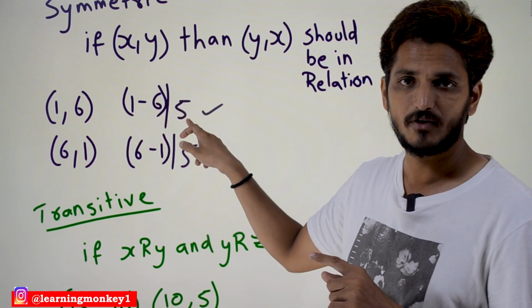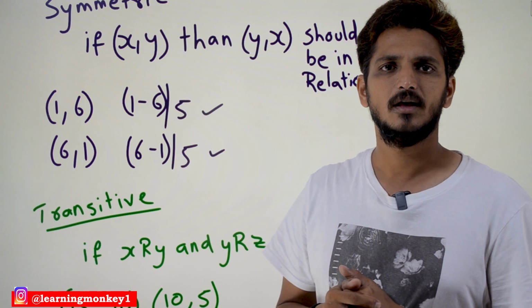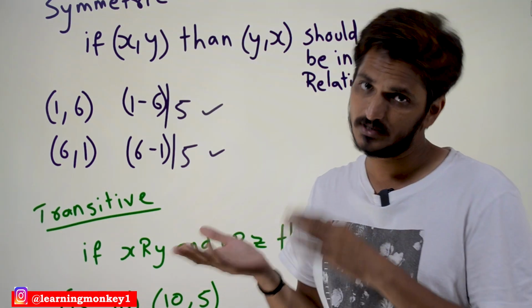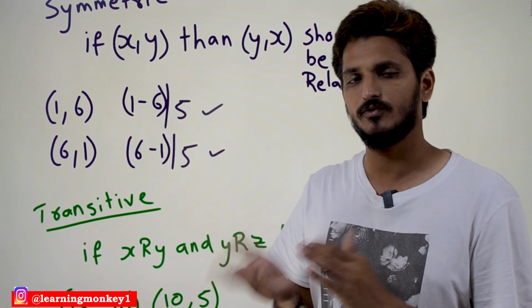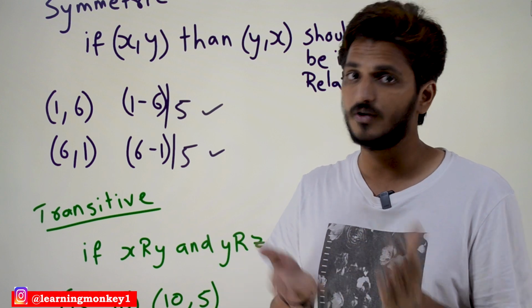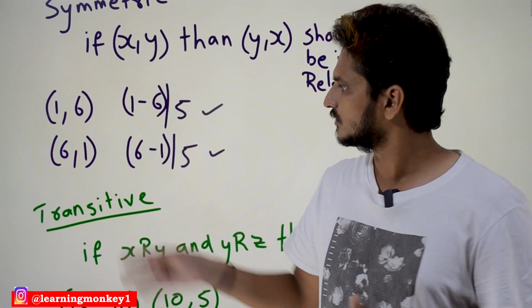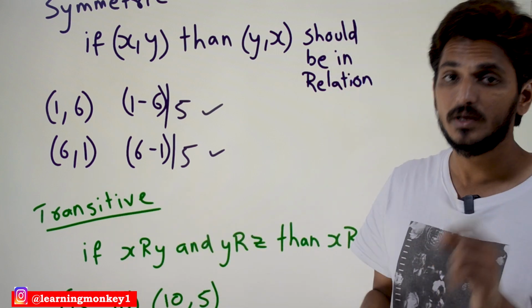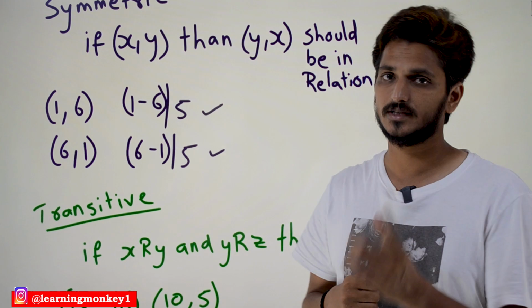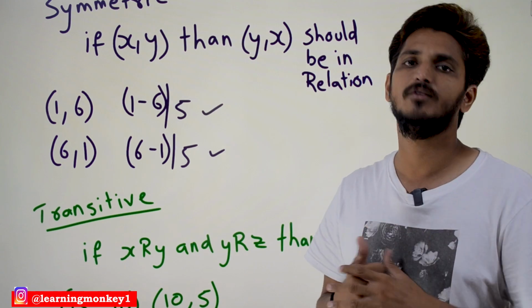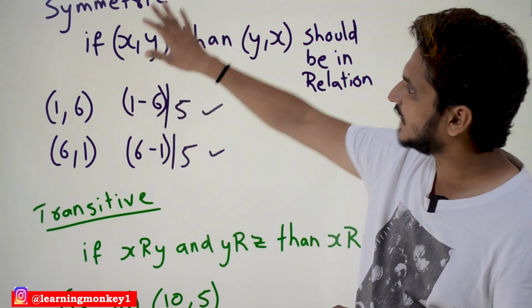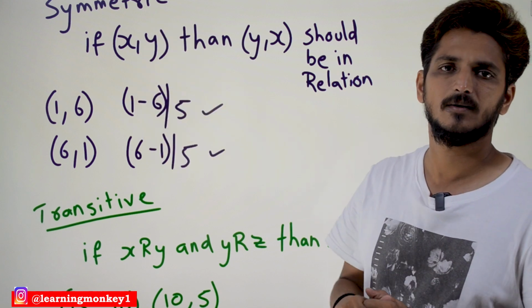Minus 5 is divisible by 5. Yes. If (1, 6) satisfies, (6, 1) definitely satisfies. 6 minus 1 is 5. If it is negative 5, it is positive 5. So (6, 1) will be there in our relation. If (x, y) is there, (y, x) definitely will be there. So it is satisfying the property of symmetric.